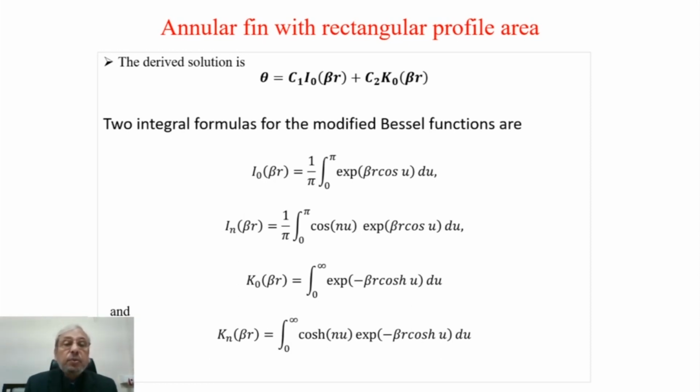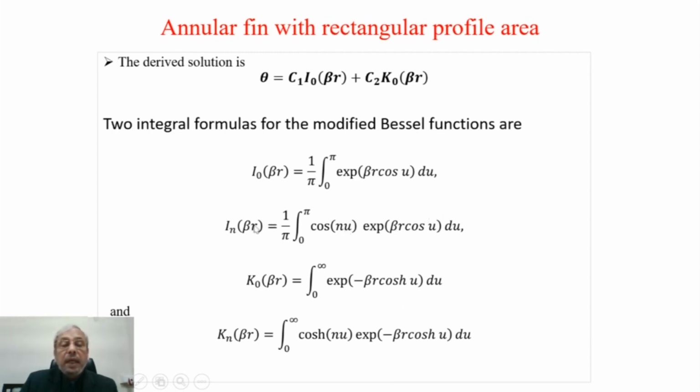Two such integral formulas for modified Bessel's functions are I0(beta r) equal to 1 by pi integral 0 to pi e to the power beta r cos u du, and in general In(beta r) is 1 by pi integral 0 to pi cos(nu) exponential beta r cos u du.